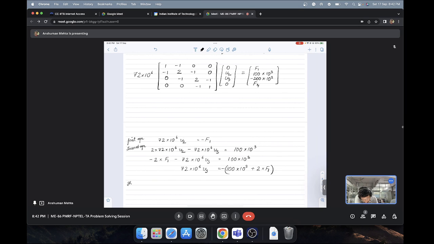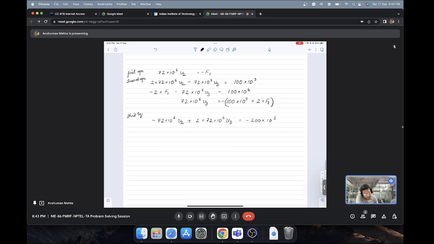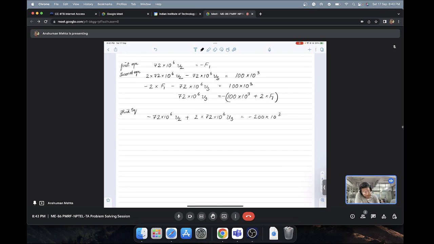Now third equation, minus 72 into 10 raised to power 6 u2 plus 2 into 72 into 10 raised to power 6 u3 is equal to minus 200 into 10 raised to power 3. So we can put the value of u3 or 72 into u3.